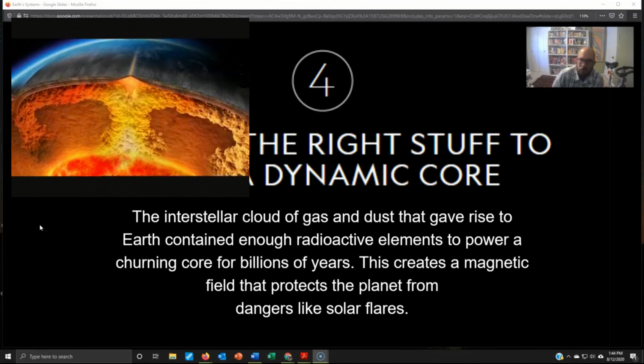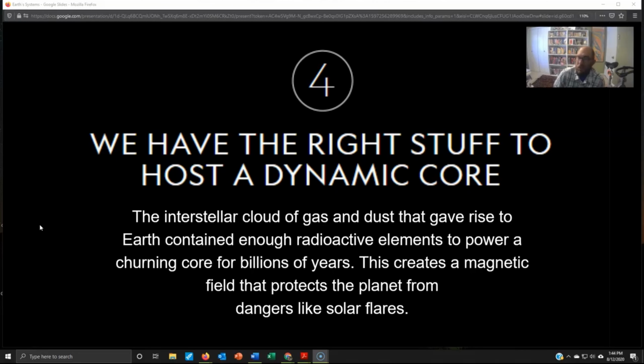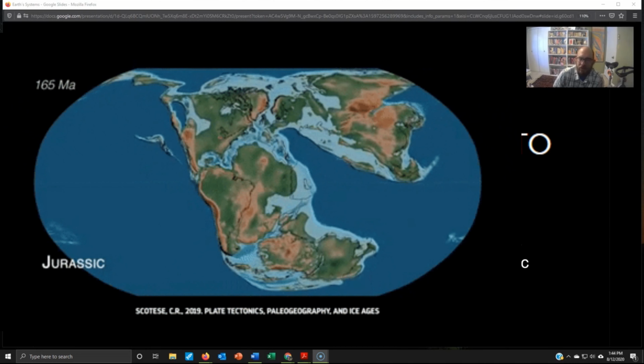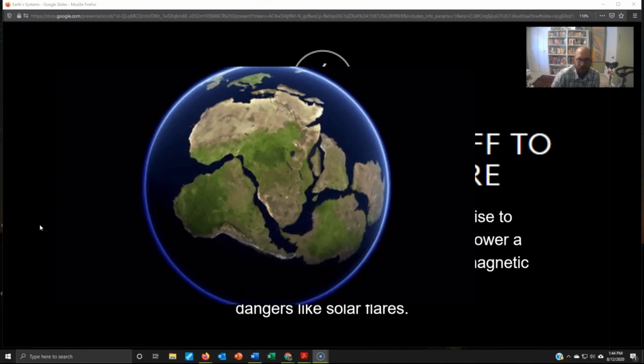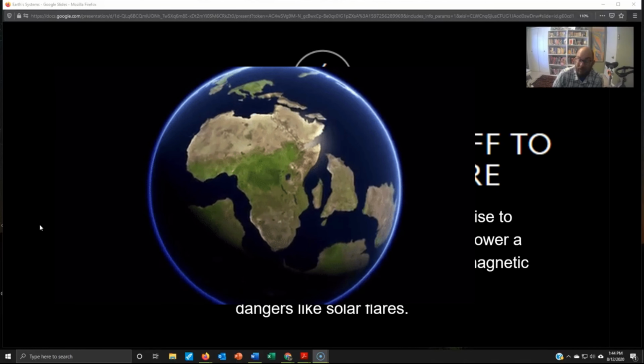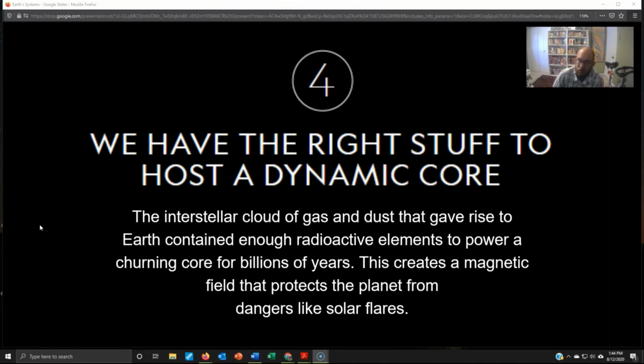So the side effect of a churning dynamic core is that we have plate tectonics, the idea that the continents are moving around. This is why we have earthquakes and volcanoes in certain parts of the world. This is important mainly for complex life. Without plate tectonics, given all the other parameters, we would probably still have life here on Earth.